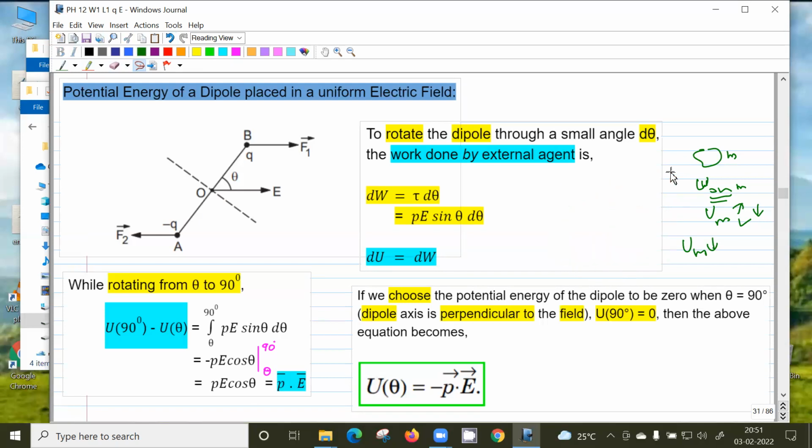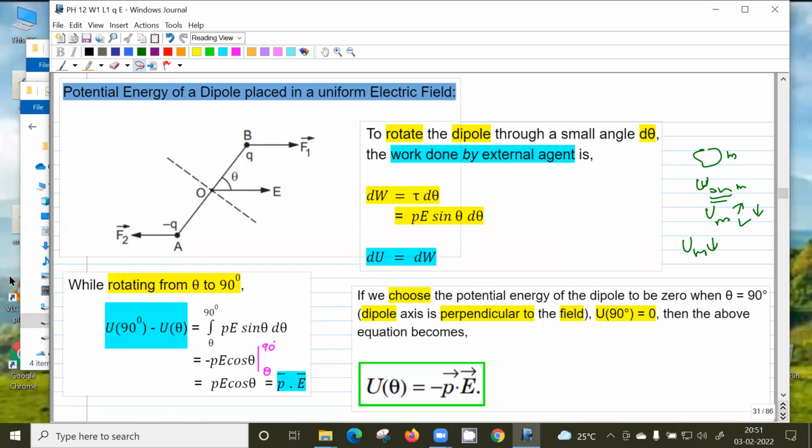Whenever an external thing is doing work on the object, the potential will increase. Here the external thing is the electric field. Electric field is present. Suppose I try to rotate this dipole. Because of the electric field, there will be forces acting like this, F1, F2.